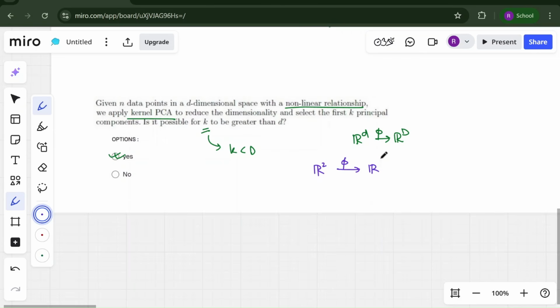So you'll go to R6. If you are using a polynomial kernel of degree 2, then you'll move to R6. In R6 you can always choose k to be equal to 3 also, but this k equal to 3 is bigger than 2. They are asking: is it possible that the number of principal components is bigger than the dimension of the original space? That is possible. We only want it to be less than the dimension of where we are going to, in the transformation phi. That is the difference. Is it clear?